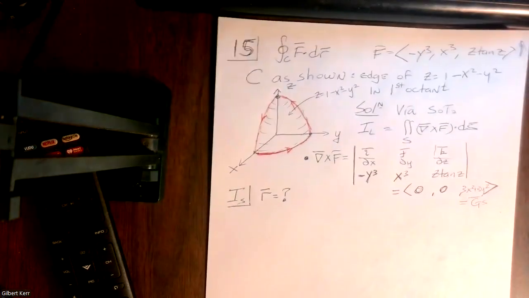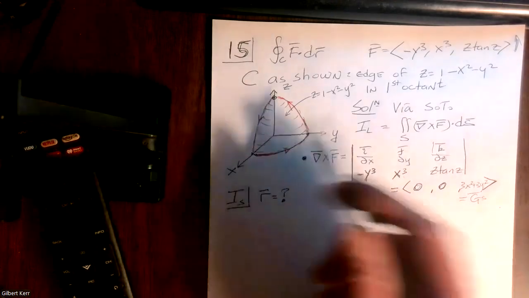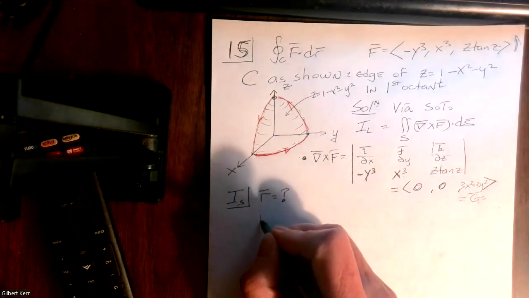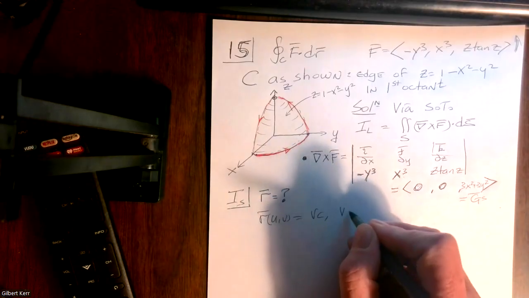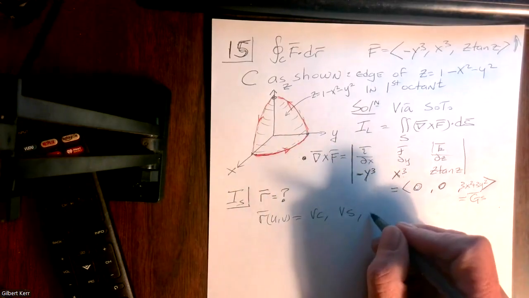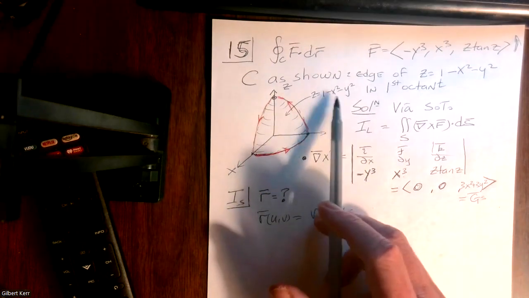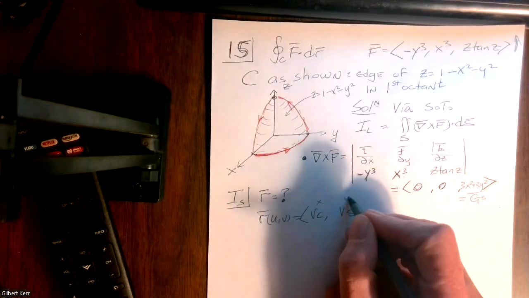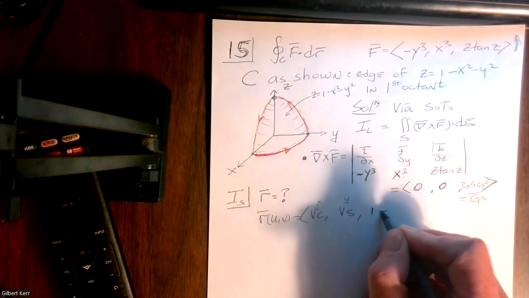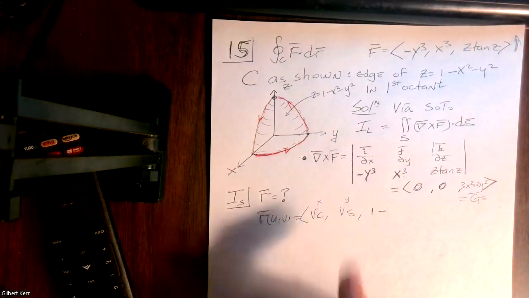g of s. Now, there are basically two ways that we could do this parameterization. I'm going to go with the one which I always use for something like a paraboloid or a cone, and that is r of u and v is v cosine u, v sine u, and then since this surface is z equals 1 minus x squared minus y squared, and I have committed to these being my x and my y, we're going to 1 minus this squared minus this squared.